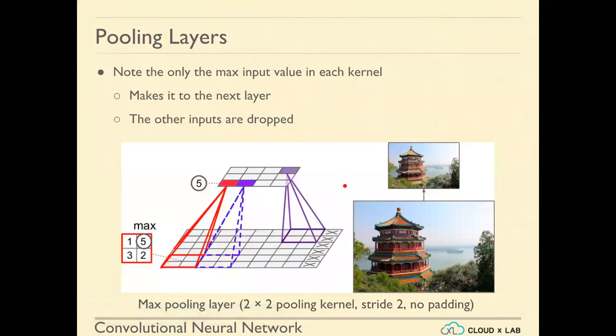So the only max input value in each kernel makes it to the next layer, and other inputs are skipped in this max pooling layer. There could be many kinds of pooling layers, such as max or average.